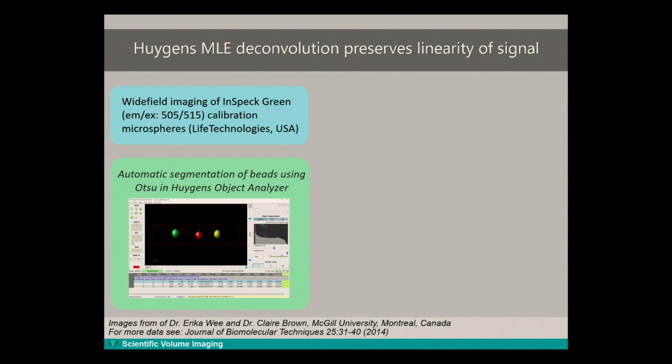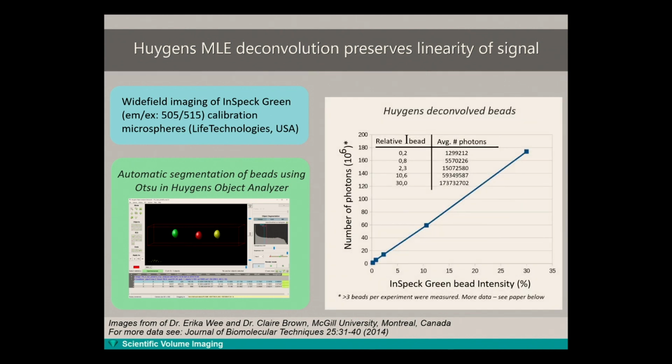If we deconvolved these beads and measured them in the Object Analyzer with an automated Otsu segmentation tool, then we measured the response of signal that equals the intensity series of the beads, in fact. So again, here we prove that the Huygens deconvolution algorithms preserve the linearity of signal.